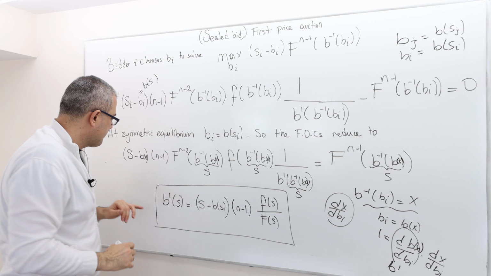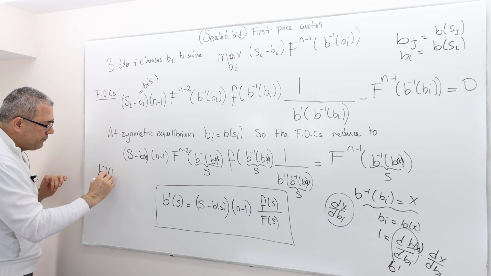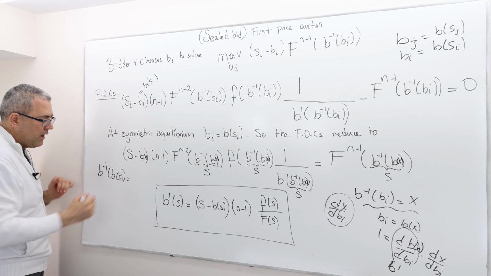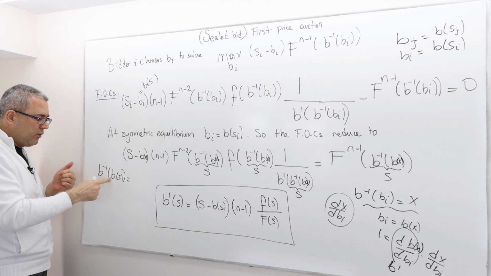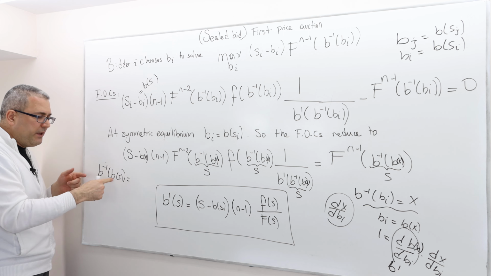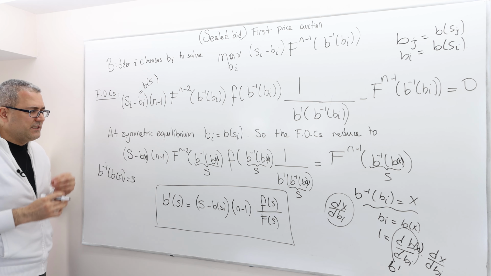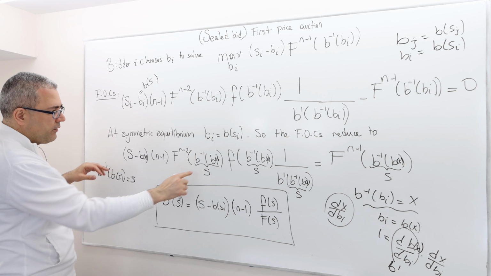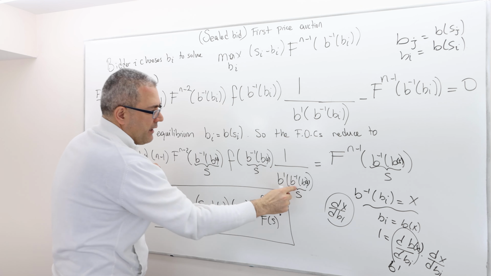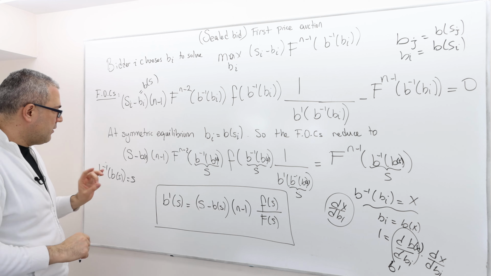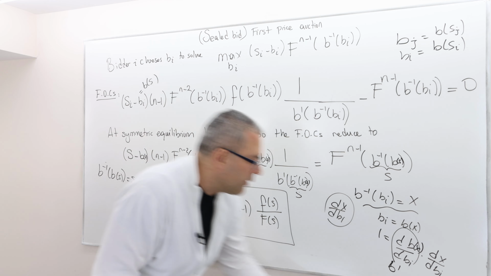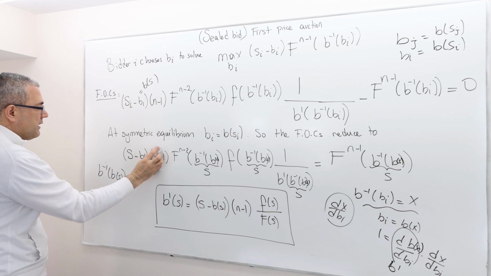So what is b inverse of b of s? Remember, this is the inverse of the function b itself. So when I take b inverse of b of s, it's nothing but s itself. So this is term s, this is term s, this is term s, and this is term s as well.